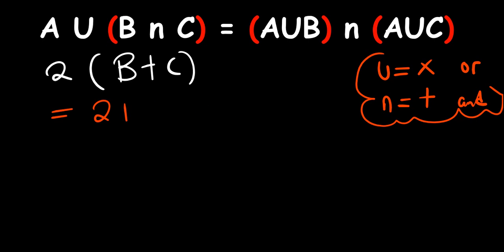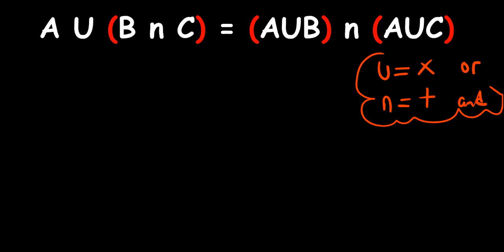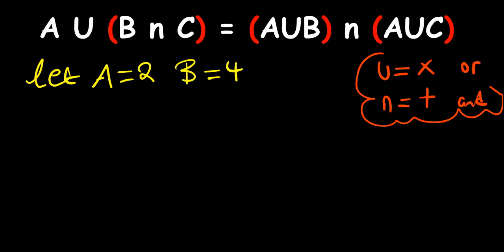So that's what we do. But now, what about what we have on top? Allow me to use just the same simple algebra. Let's say A is equal to 2, B is equal to 4, and C is equal to 6. Let's try and see what we're going to get.